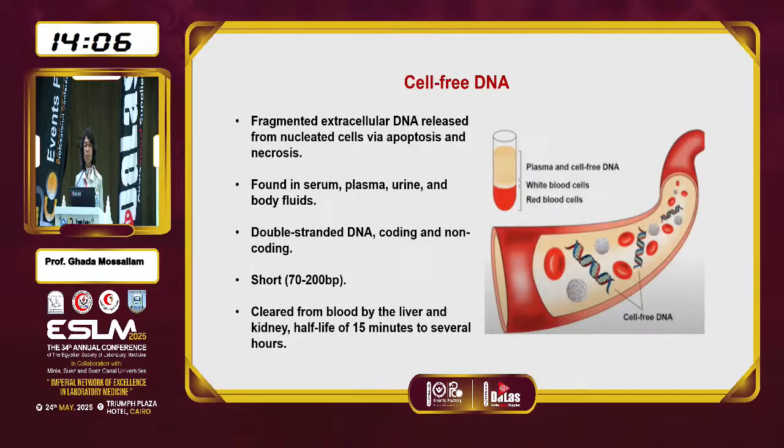Cell-free DNA is found in the serum, plasma, urine, and body fluid, and consists of double-stranded DNA, including coding and non-coding regions. Cell-free DNA are short in length, ranging from 70 to 100 base pair. They are rapidly cleared from the circulation by the liver and kidney, with a half-life ranging from 15 minutes to several hours.